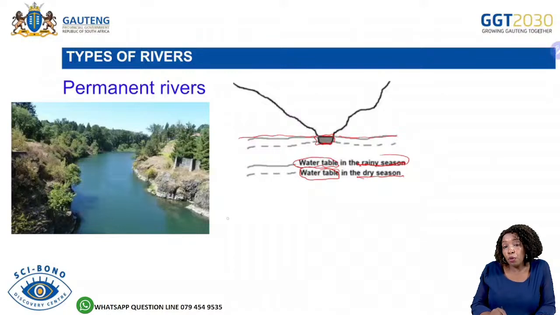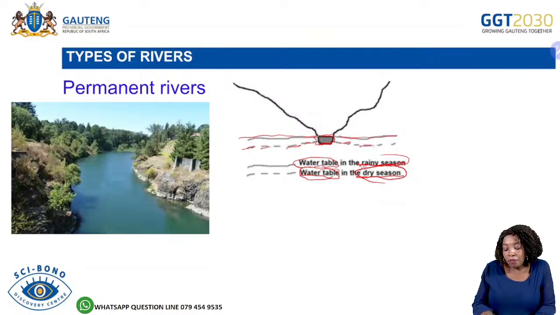So the river is flowing throughout there. And then even during winter, where we're looking at the broken lines showing a different season, which is the dry season, the water table has intercepted the riverbed, and it's still the dry season.